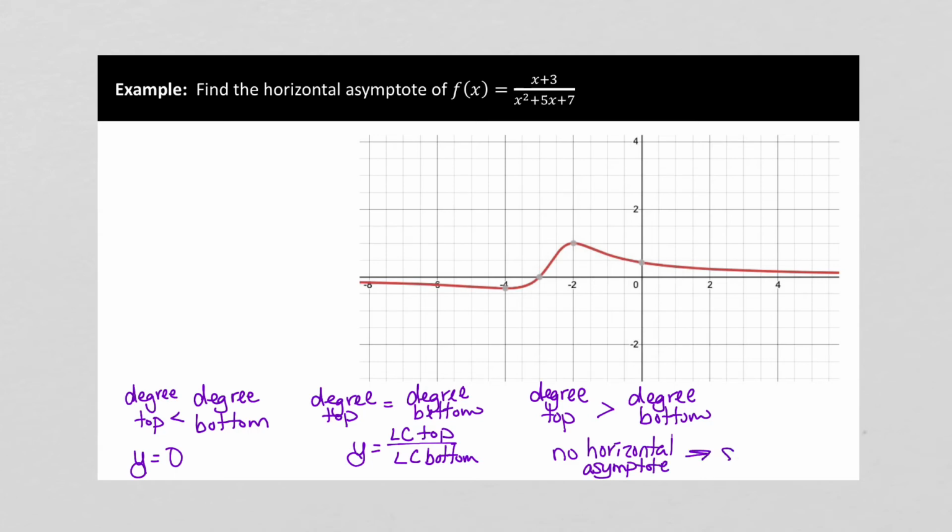But there could be a slant asymptote. So in this case, we can look and see that the degree of the top is 1, the degree of the bottom is 2, so the degree of the top is less than the degree of the bottom. The horizontal asymptote is automatically y equals 0.